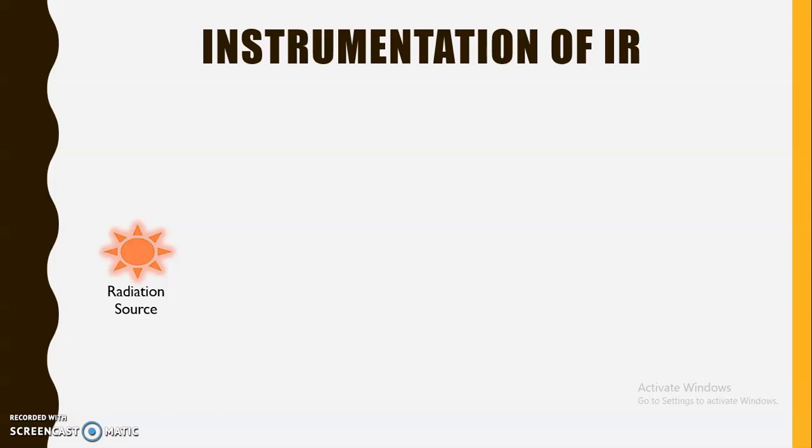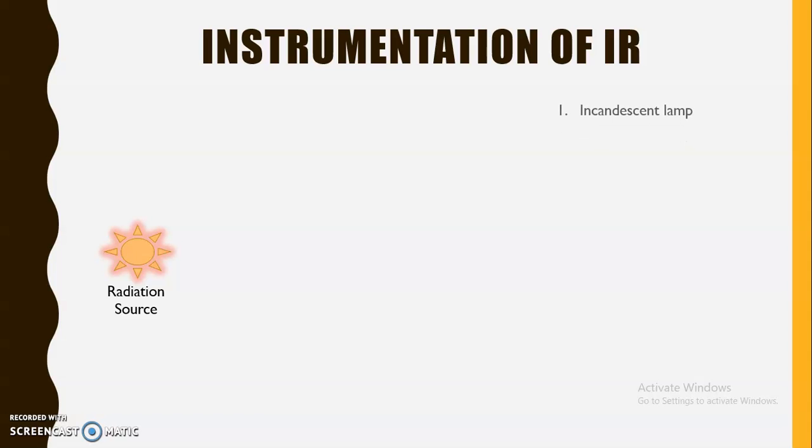The working instruments mainly work in the middle infrared region. Also, we know that the range of infrared radiation starts from 0.8 micrometer to 2.5 micrometer. So this is the wide range of infrared radiations present. The role of this radiation source is to produce the IR radiations which are focused onto the sample.